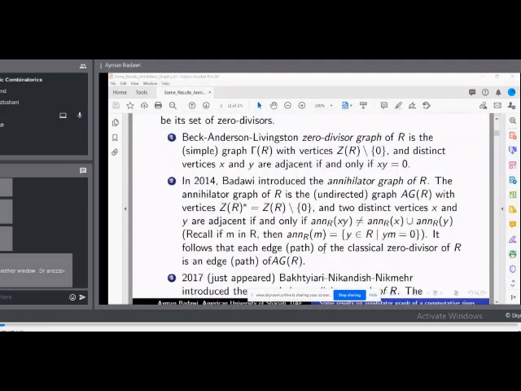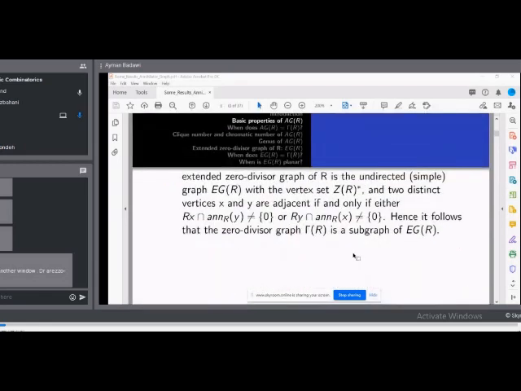In 2017, maybe I will not have time to talk about it, three Iranian mathematicians introduced another graph related to the annihilator graph, called the extended zero-divisor graph.